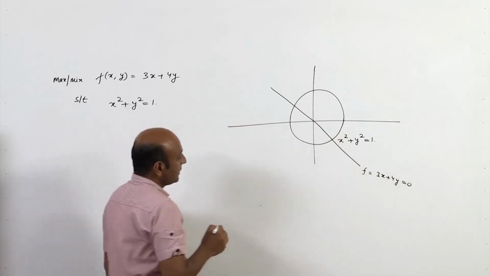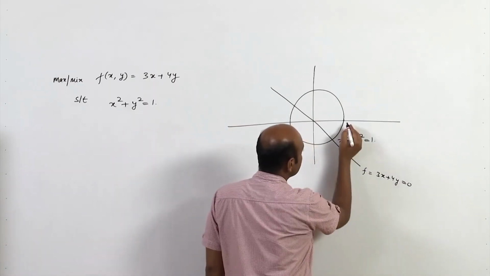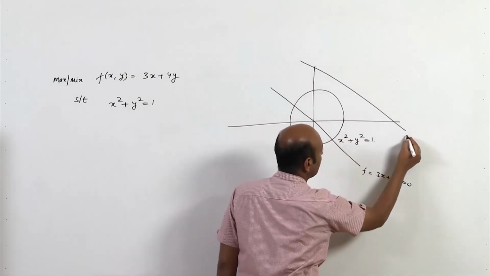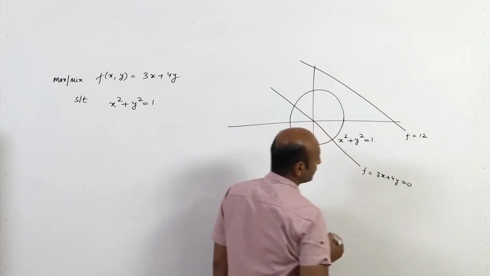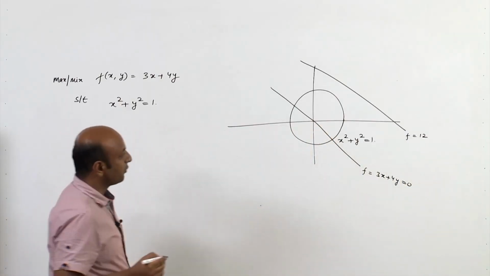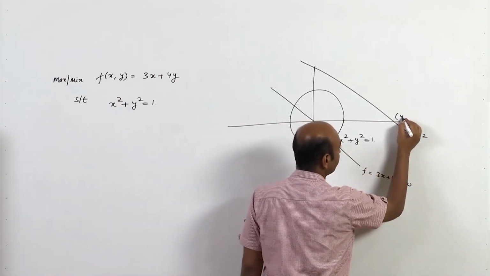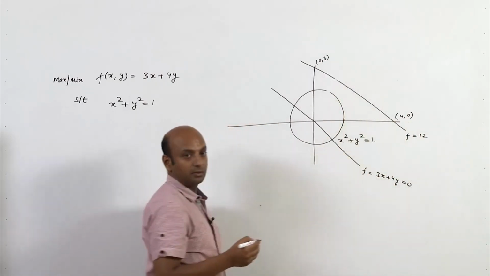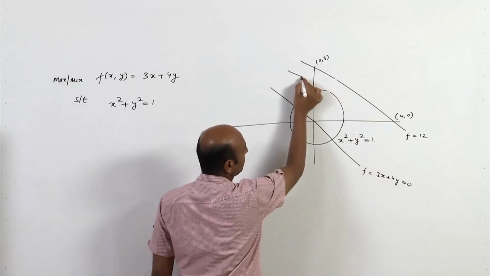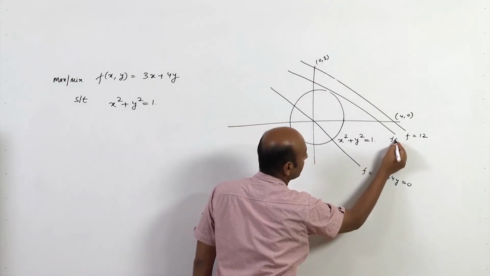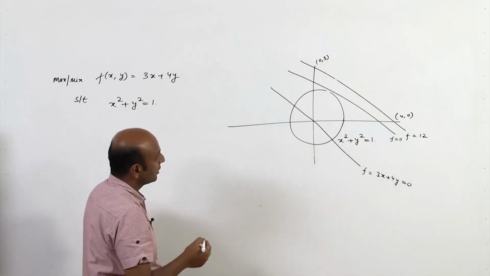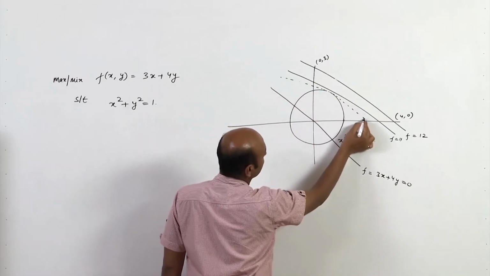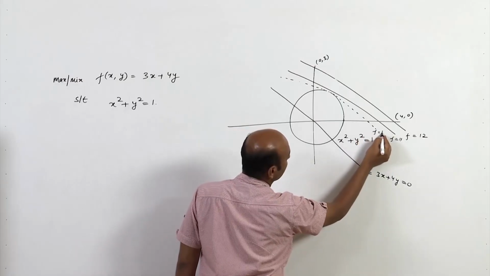Now, at some point it may be 12, when this is 4 and this is 3. At some point here it may be 11, and at some point here when it touches the circle it may have some other value, say k.